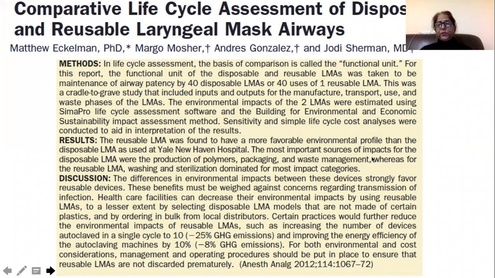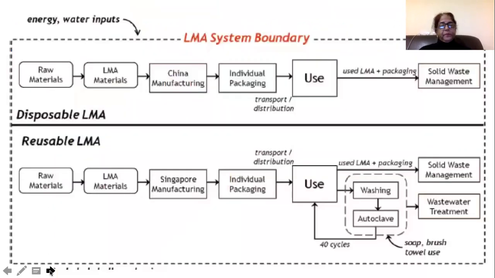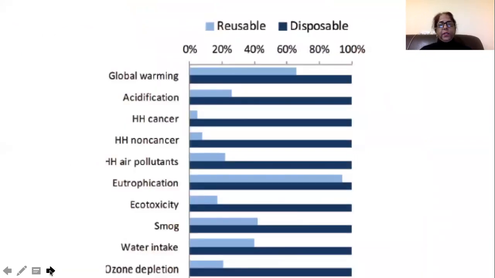The most important sources of impact for the disposable LMAs were production of polymers, packaging, and waste management, whereas for the reusable LMAs, washing and sterilization dominated the most important categories. And we can see this carbon footprint impact, this is for the reusable and this for the disposable. For the disposable, it is quite high as compared to reusable.